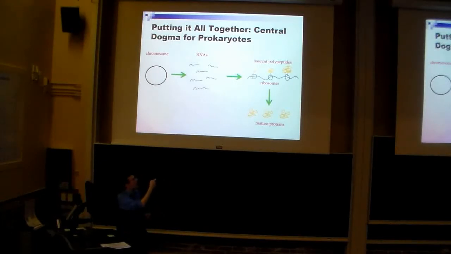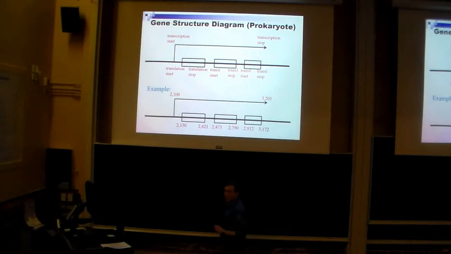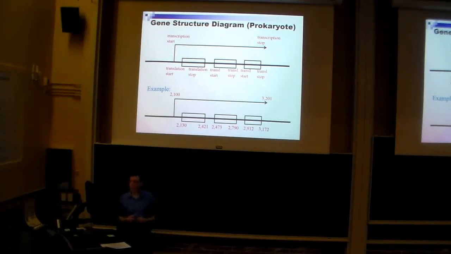These are transcribed from the operons into RNAs. Within each operon, you may have one or more protein coding regions, and ribosomes will produce protein sequences, precursors, which may be modified in some ways to produce mature proteins. Any questions?